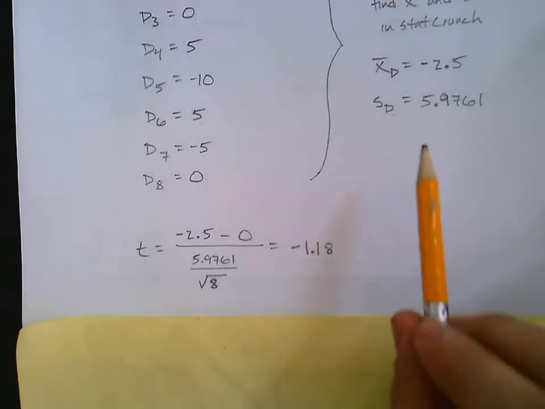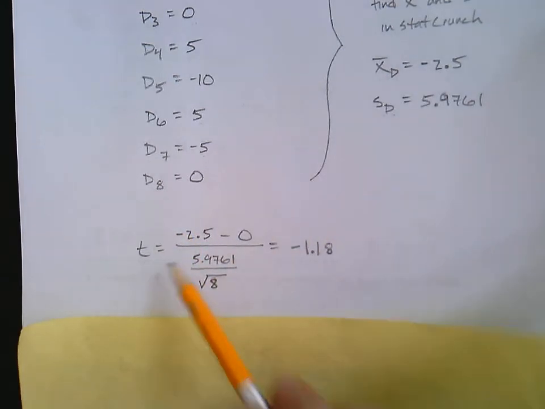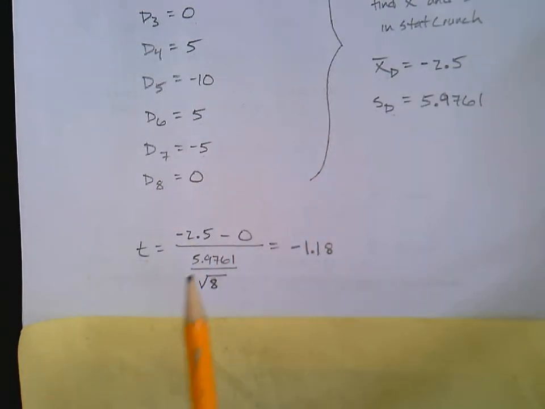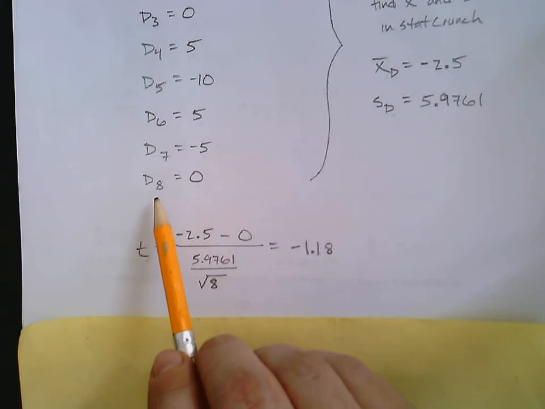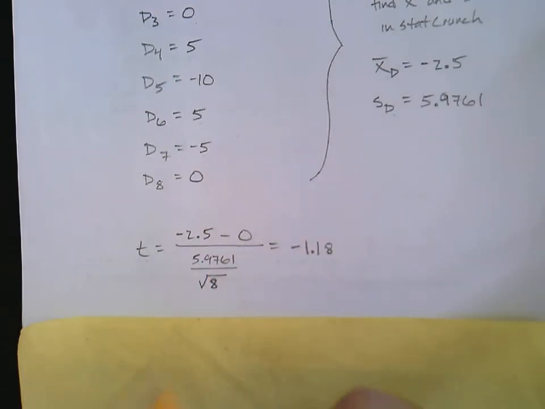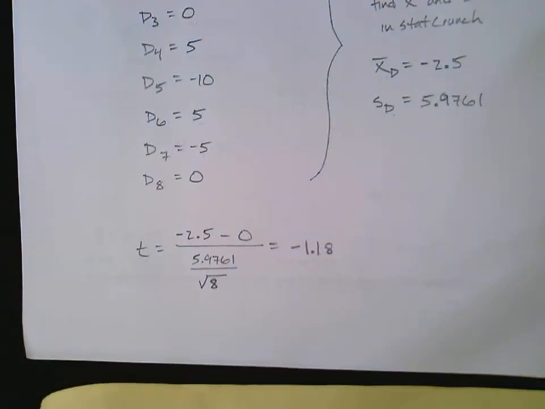We notice that we need it to be a t-score because we're using a sample standard deviation. And typically in these matched pairs examples, you have a low sample size. You can get away with that because you know that you're going to use a t-score anyway. Putting all those in, make sure you can compute negative 1.18 as your t-score.